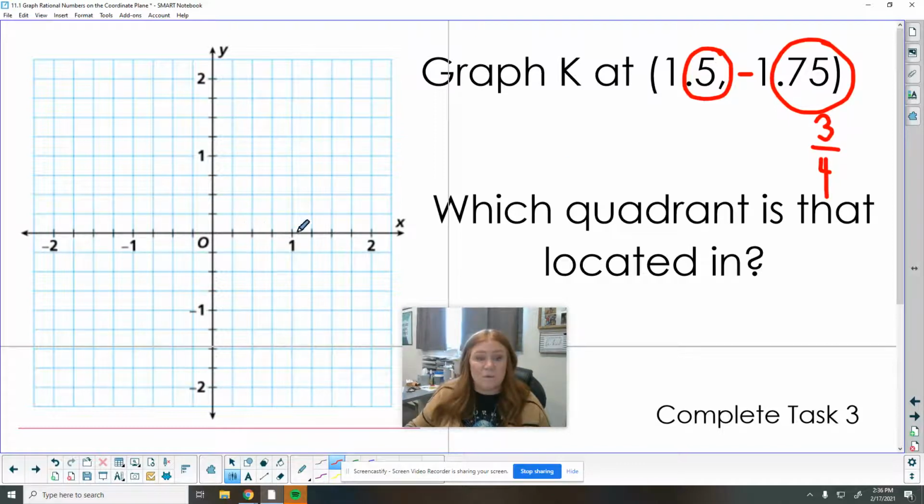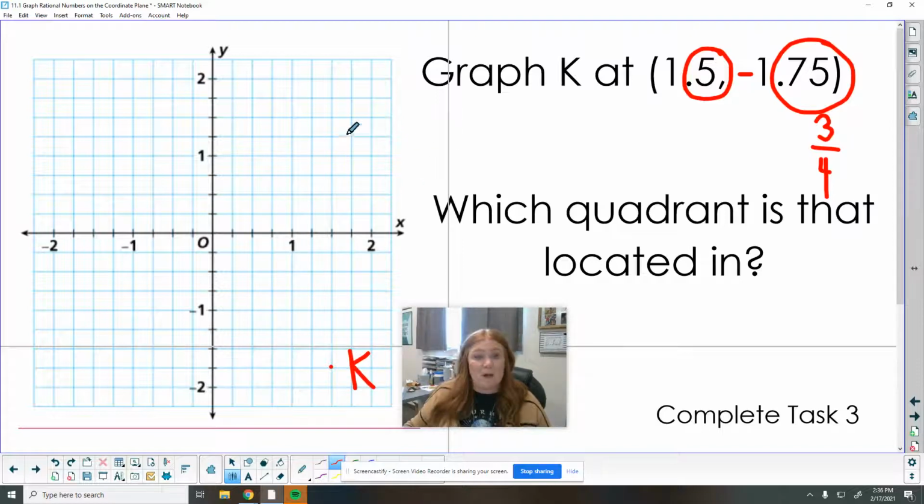So over 1.5, halfway between. Then I need to go down to -1, and then another, here's 25, 50, and 75. So here's over 1.5, down -1.75, and we're going to call that one K.